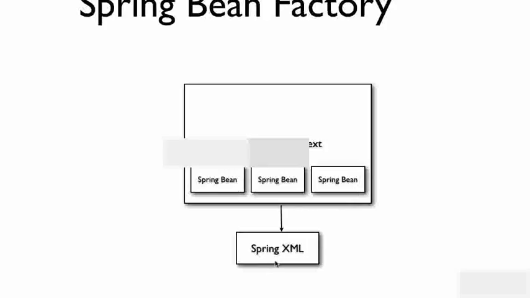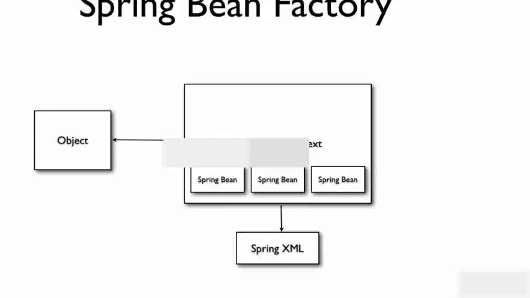Now, after that, when we have another object that's actually doing a get bean, then the application context hands over the bean that has already been initialized. So the creation of the beans happens when the application context is being initialized, not when the get bean is happening.